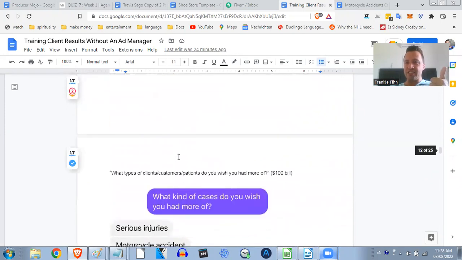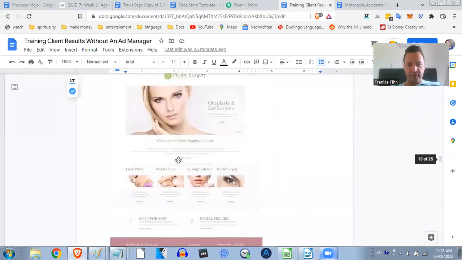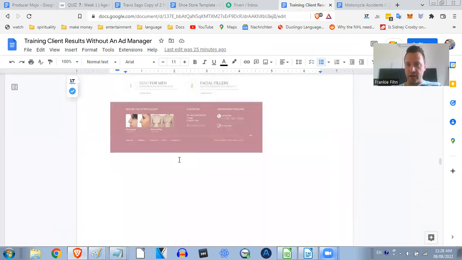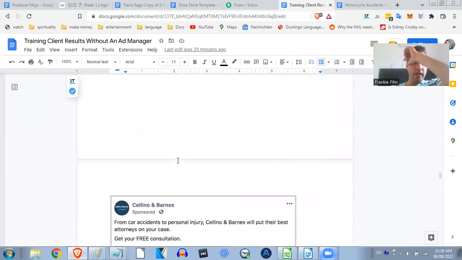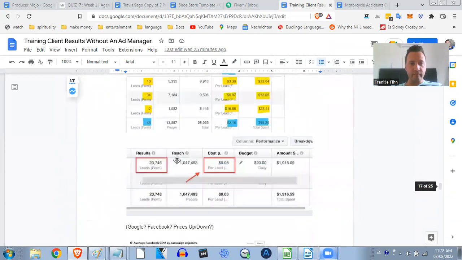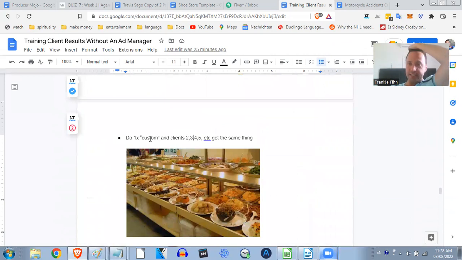With each successive client, 2, 3, 4, 5, etc., are we coming up with new stuff? Are we giving them the same thing again and again? So this means for you, it's a magic formula that I really love. One of my mentors said it very simply. He said, I like to do things once that I can get paid for again and again.